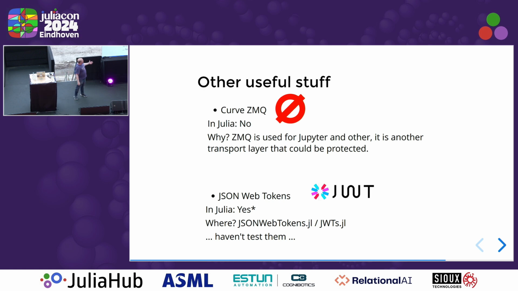Well, maybe the name tells you a little bit. It's elliptic curve encryption implemented over ZMQ. So you can have a protocol between your Jupyter notebook that is encrypted, but not in Julia, because that's not implemented. So we lack that. That will be something that we can also do. I think that's also low-hanging fruit.